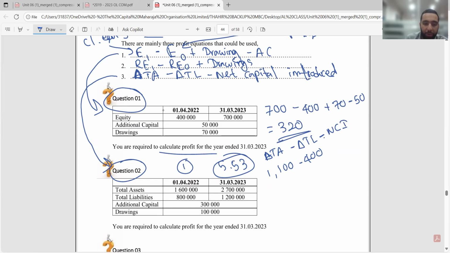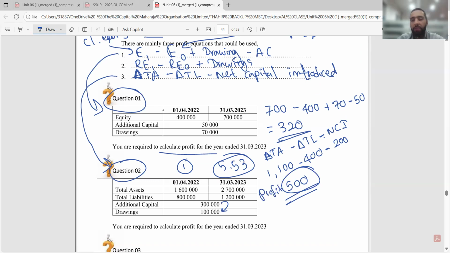How much is the net capital introduced? 300 minus 100, that is the net one, so minus 200. The answer is 500. Very simple. This is the profit.